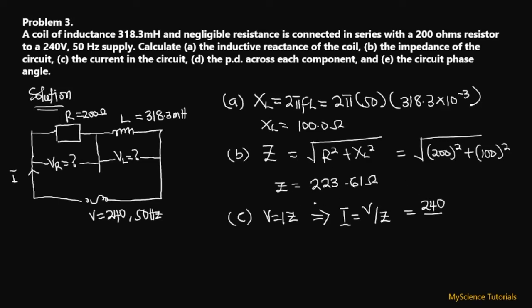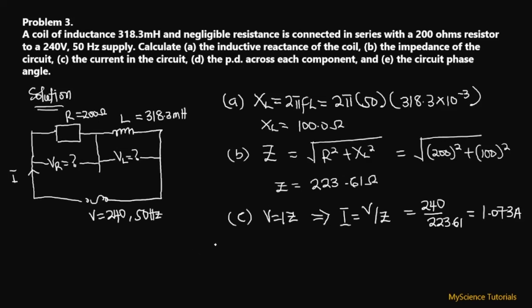Our resistance, which is the impedance that we just found, is 223.61. So let's divide 240 by 223.61. If we compute that into our calculator, it's going to give us a value of 1.073 amperes as our current flowing through the circuit.